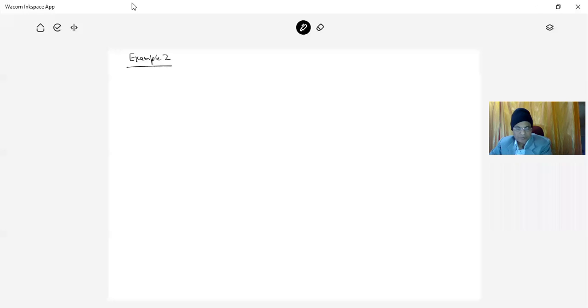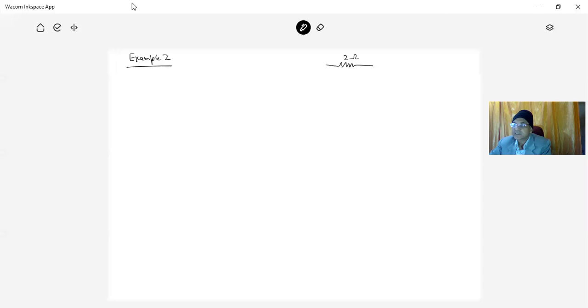The example 2 is another example, by taking a circuit. The circuit is something like this: this is a 2 ohm resistance.